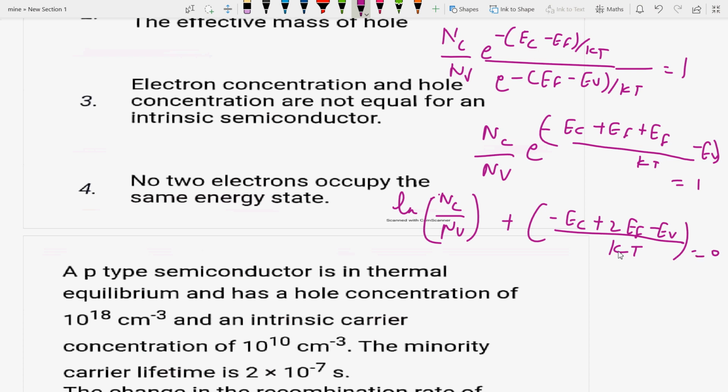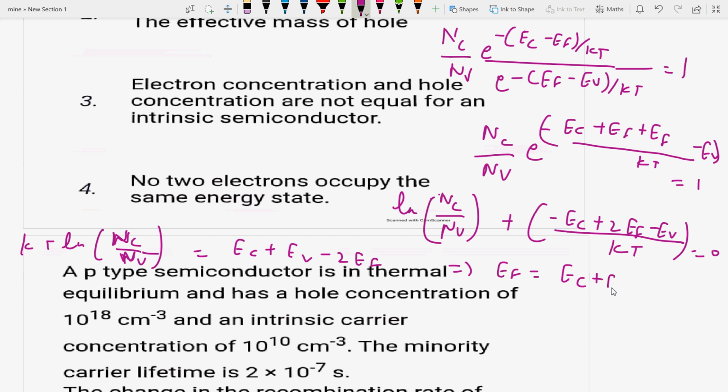Okay, so when you solve it, you have KT ln Nc upon Nv. Okay, this is carrier concentration, effective carrier density Nc by Nv, okay, and this is equal to Ec plus Ev minus twice Ef. Right, now what will happen? This Ef is equal to Ec plus Ef.